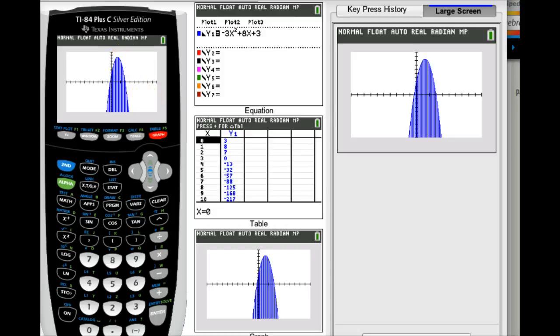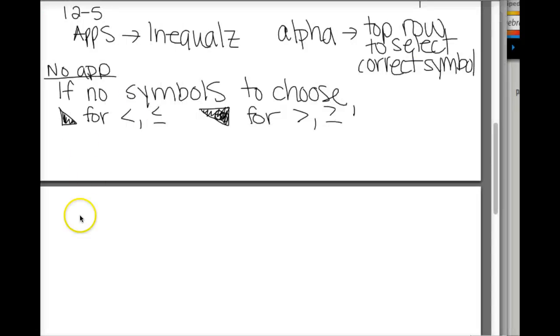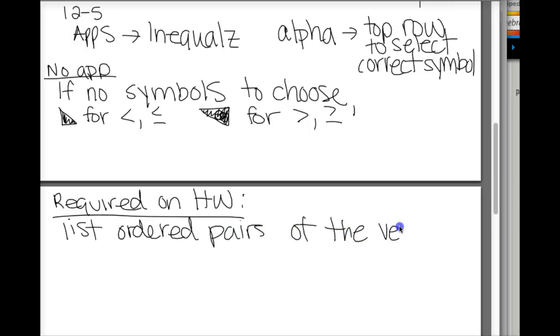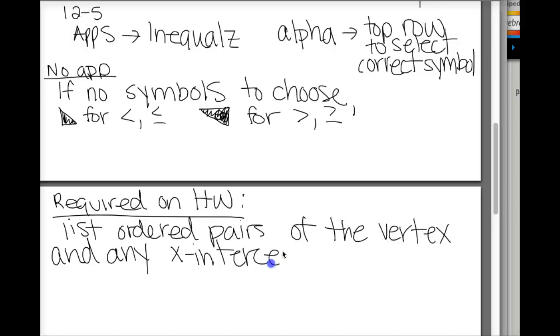Now, just like in last section, the requirements for your homework. You must list the ordered pairs of the vertex and any x-intercepts. So if it has x-intercepts, you need to find them.